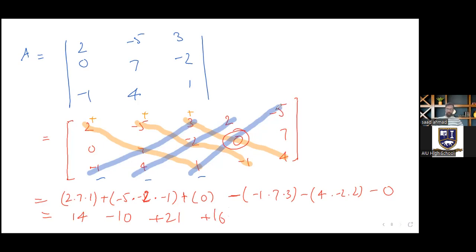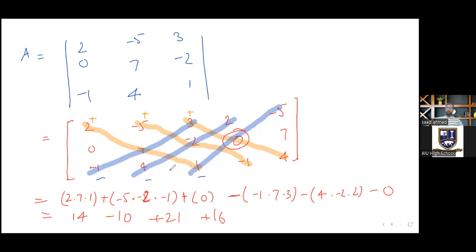Have we written it correct? Wait a second. Okay, so 14 minus 10, then 0 minus 20.